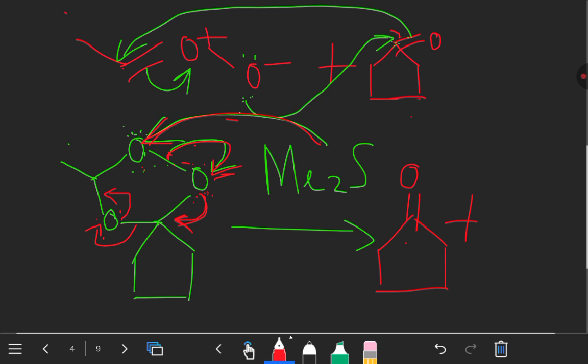So we are going to form another structure which looks like this. So we have a methyl, bonded to that oxygen which is here, like that.